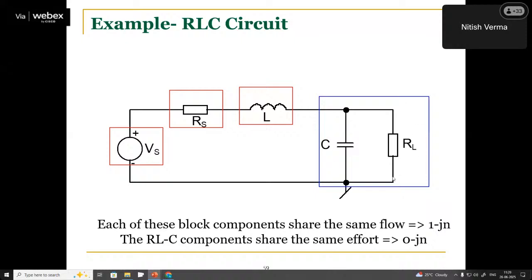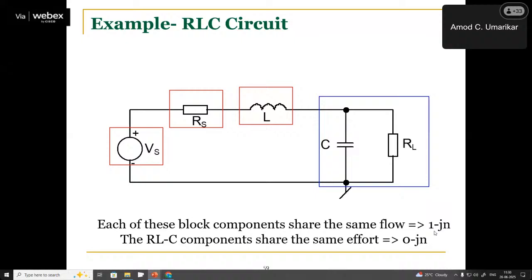But what about the combination? Overall current is the same. If you combine it, say there are two resistors in parallel and you write an equivalent resistor there, the flow is the same. So they share the same flow.